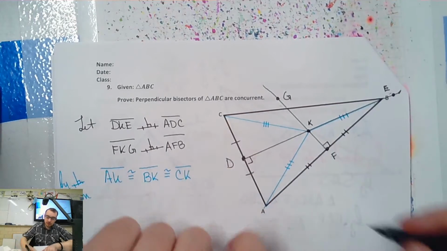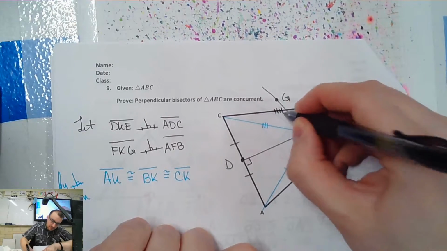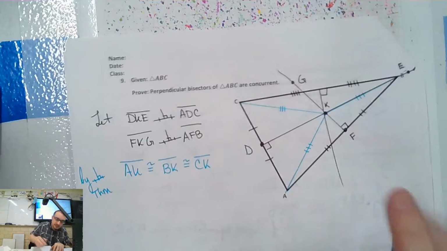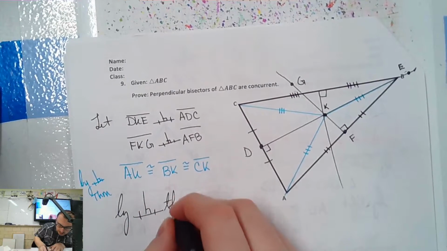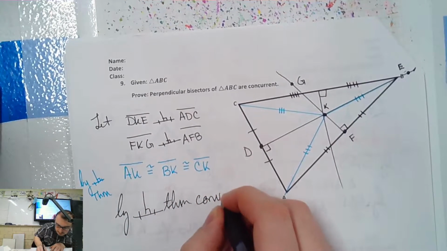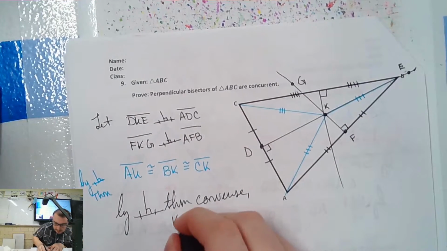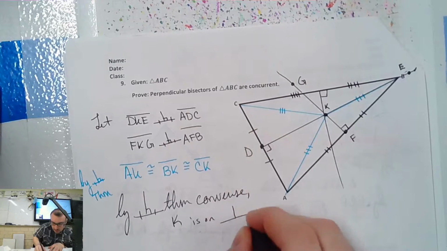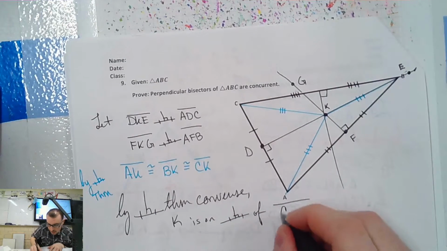So if I were to draw it in, it would go through K. And I know that by the perpendicular bisector theorem converse. K is on the perpendicular bisector of CD.